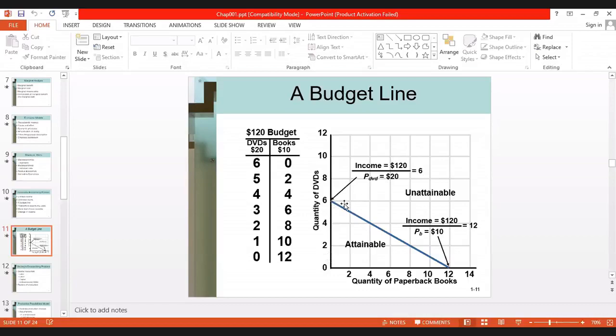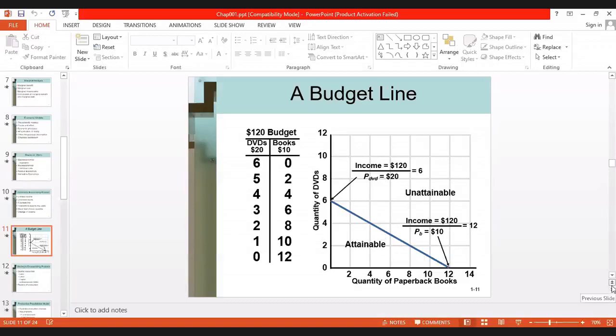Among these choices, you have to make a choice that gives higher utility or higher satisfaction. That is the best choice for you. With the same income and the same prices, different people will choose different best choices, depending on their preference.